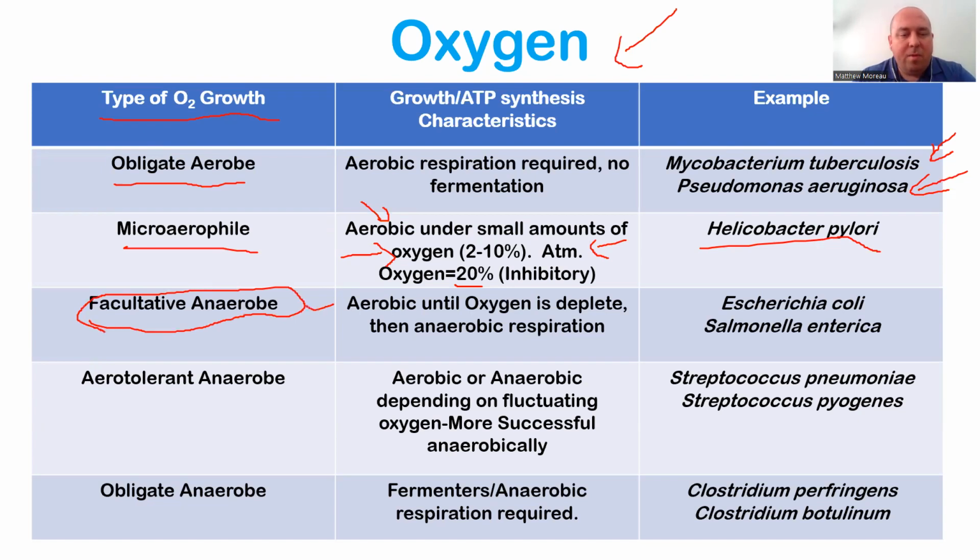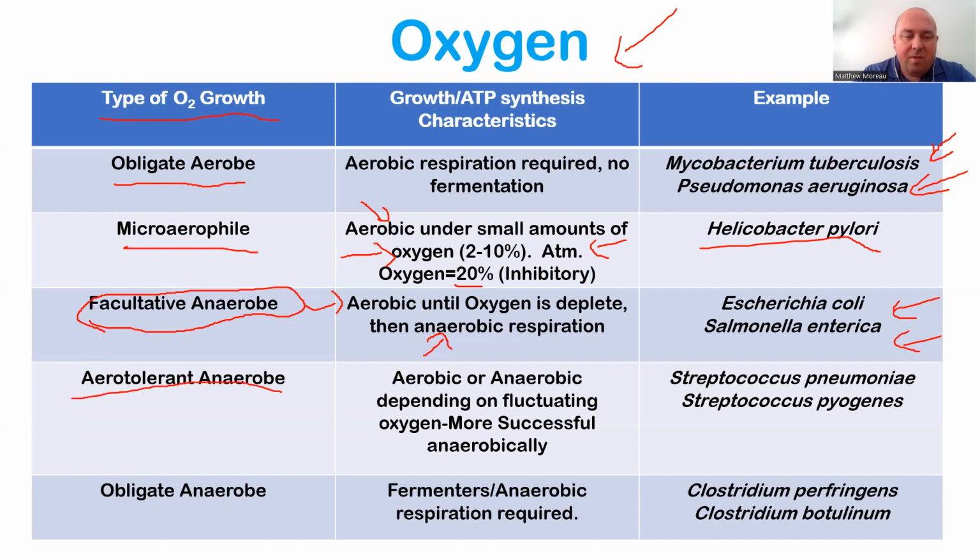They will grow aerobically until oxygen is depleted, and then they can continue to grow extremely quickly because they are very adept at performing anaerobic respiration, meaning that they can respire without using oxygen as a terminal electron acceptor, or in some cases, they can even reduce other elements that are not carbon-based in order to perform respiration and transfer of chemical energy. Two really common examples of this: Escherichia coli and Salmonella enterica.